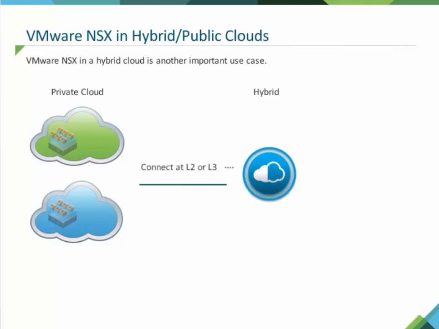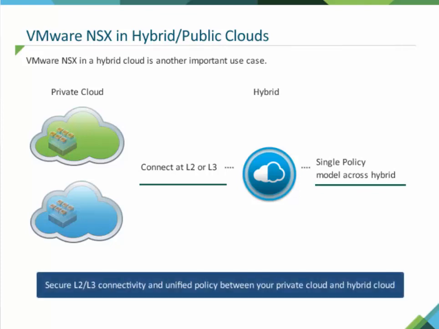You can connect your private cloud to the hybrid cloud with either L2 or L3. The hybrid cloud provides a single policy model, and VMware NSX provides a secure L2 or L3 connectivity and unified policy between your private cloud and hybrid cloud.